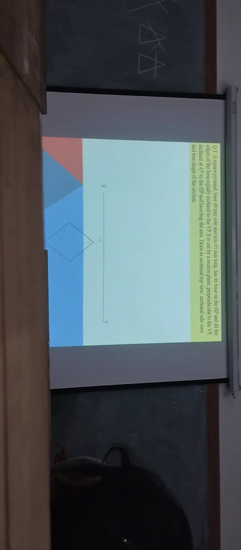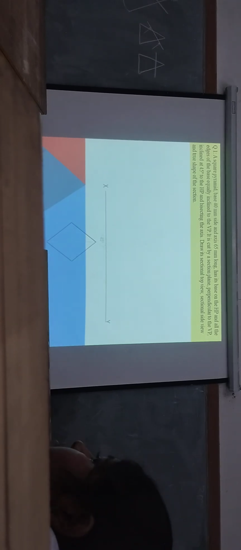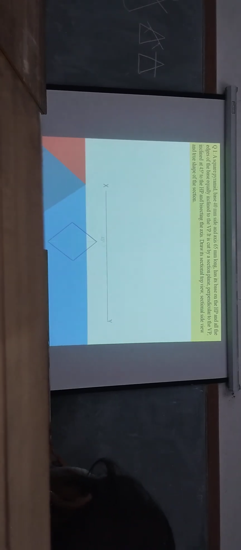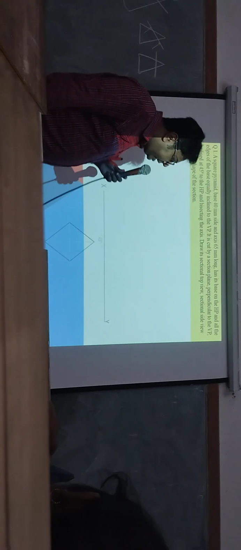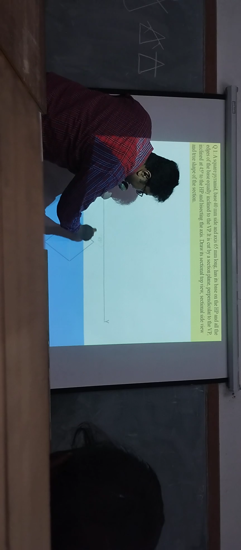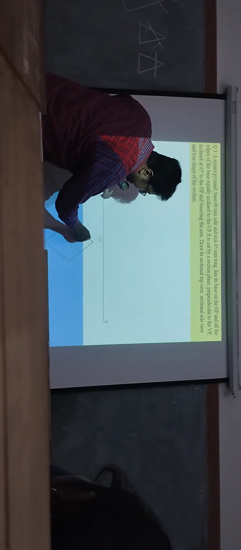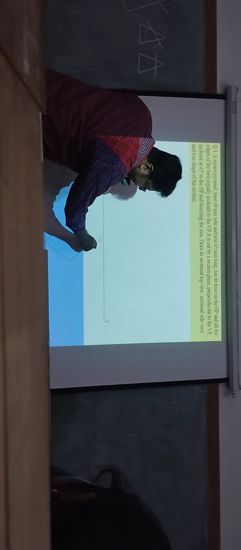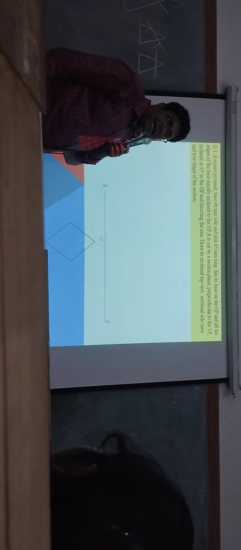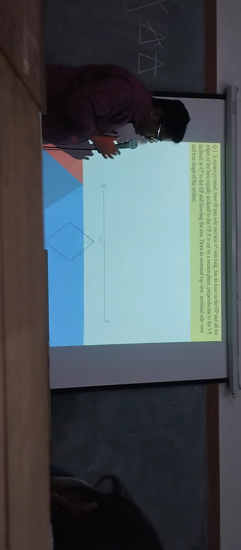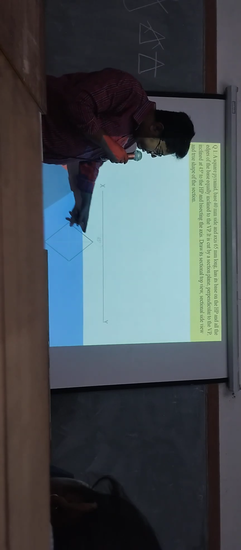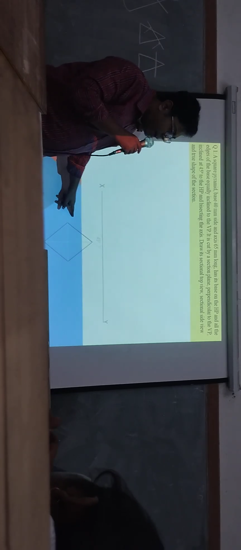Its base is on HP, where the edges of the base are equally inclined to VP. That means if you draw a line here, it is making the same angle from both sides. That's why it is taken. So right now its edge is also 45 degree with XY.